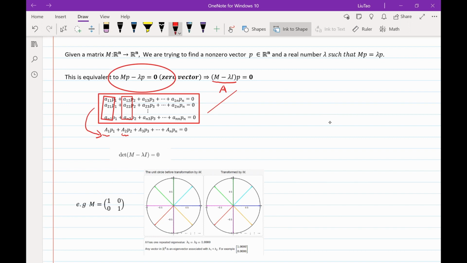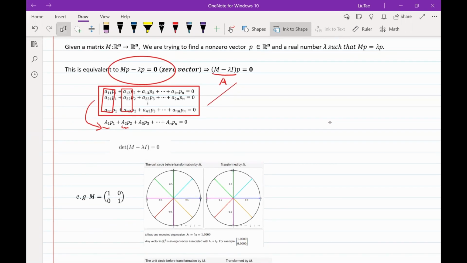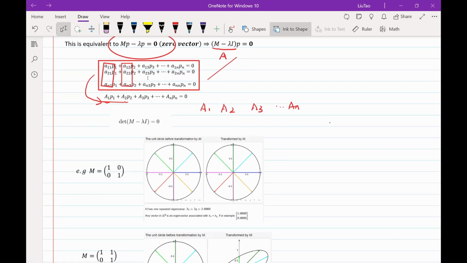Does this look familiar? This equation has a non-zero solution only when A1, A2, A3, and all the way to AN are linearly dependent.